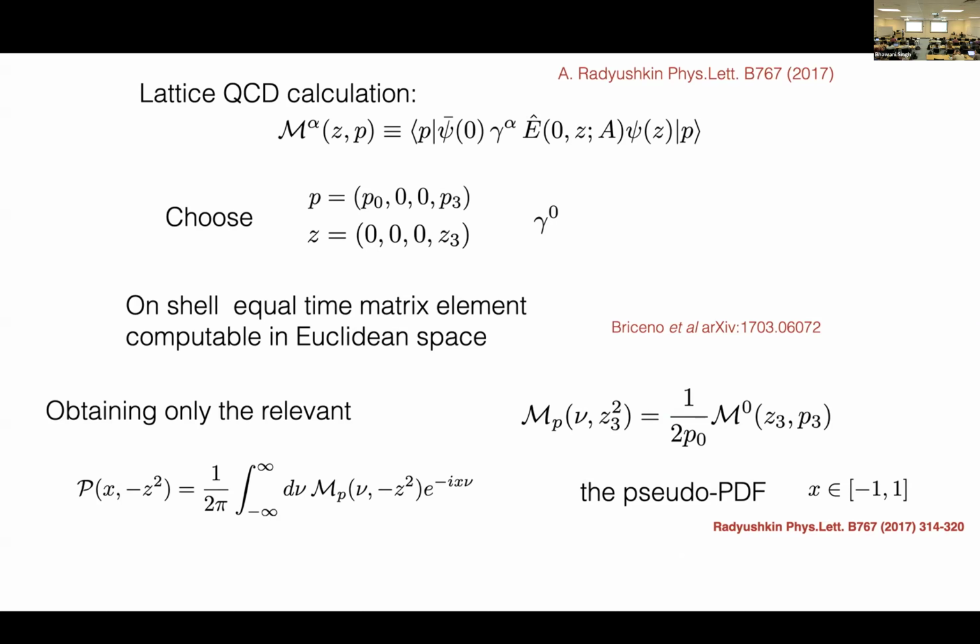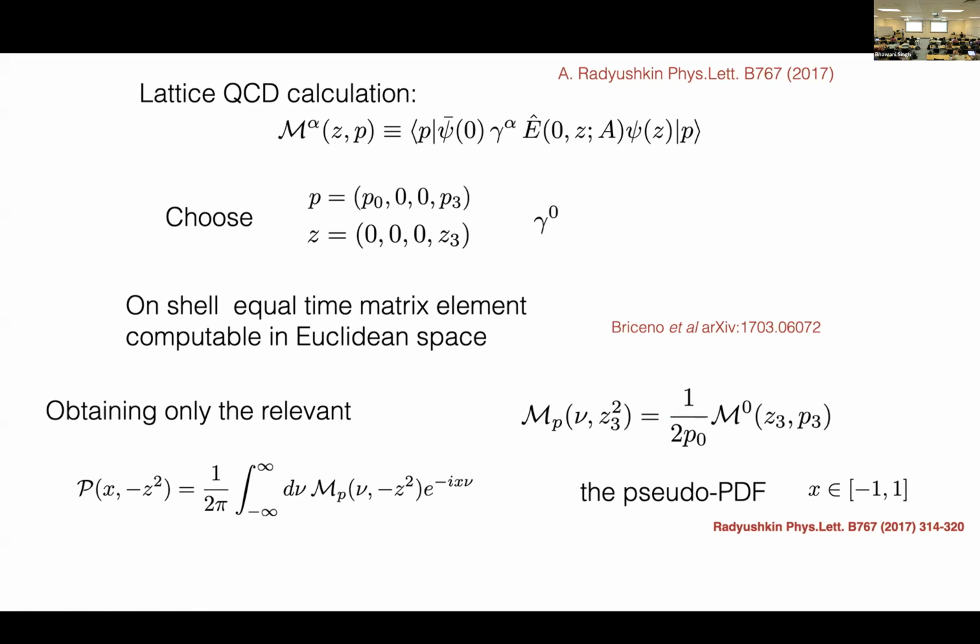Actually, I write the fourth component, the time component, first because I think of it as Minkowski kinematics at this point, although I am working in Euclidean space to get this calculation done. So the z is 0, so this term drops out. And if I look at the Lorentz decomposition formula that I had before, I normalize by this P0, and I get my M_P, which is the form factor that is related to the PDF.